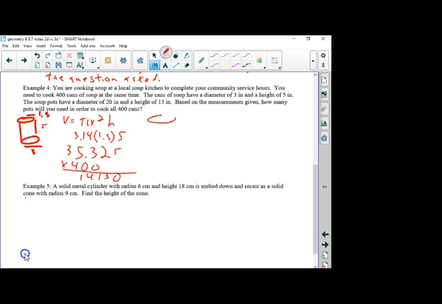Now we have our big pot that we're going to be cooking in that has a diameter of 20, which means it has a radius of 10 and a height of 13. So if we do our formula again, pi r squared h, we do 3.14 times 10 squared, which is 100, times 13, we end up with 4,082.